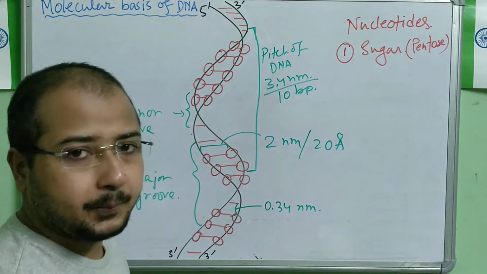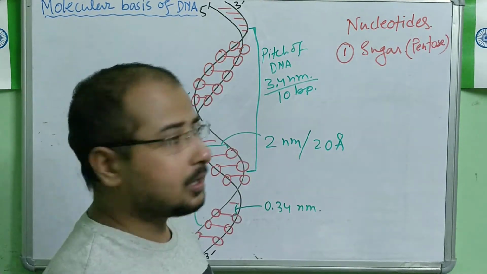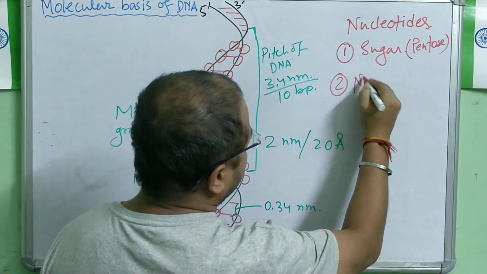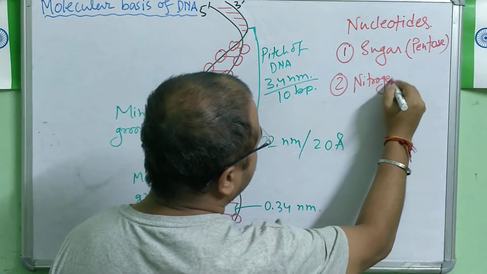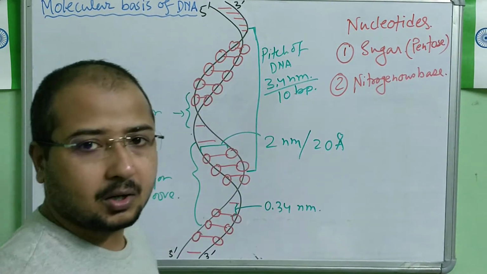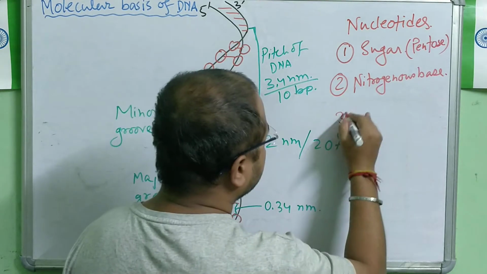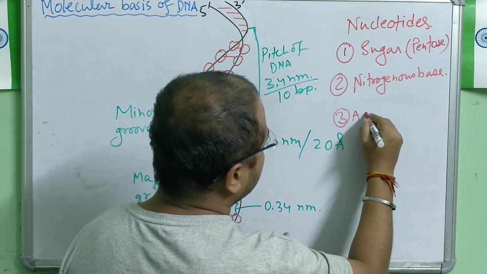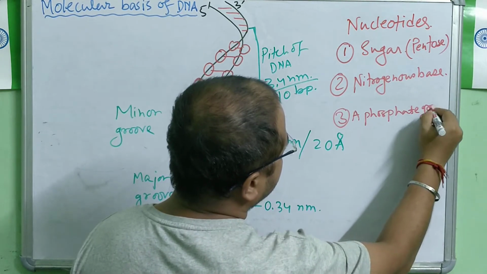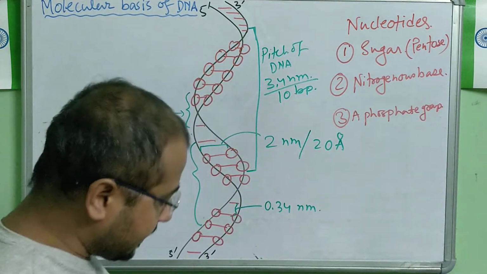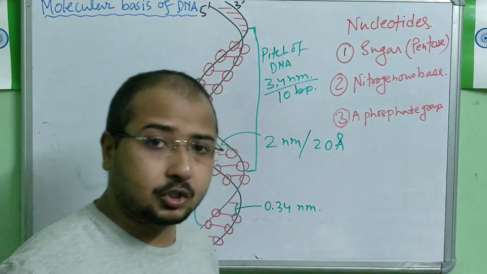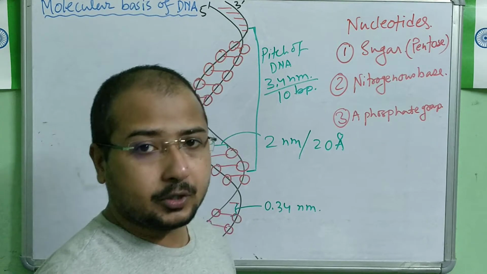We will see the sugar again. Number two, a nitrogenous base. And number three, a phosphate group. These are the three components which make one nucleotide molecule.